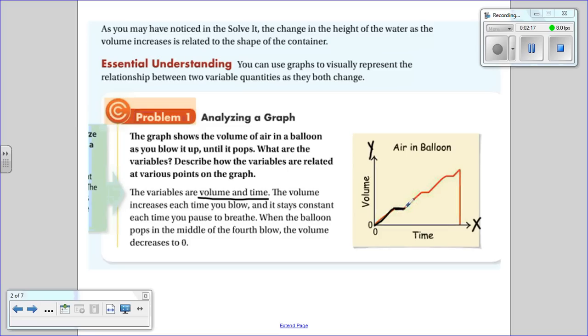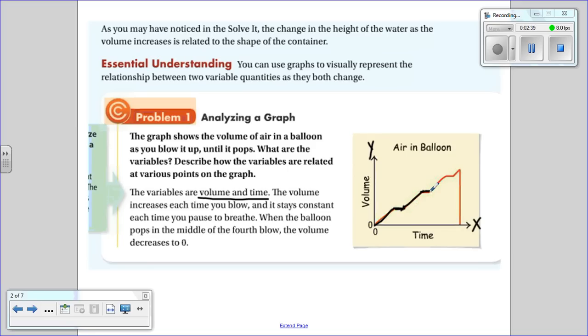And so for a certain amount of time, the volume stays the same. The air inside the balloon doesn't go up or down. Then you get your breath and you blow again, and the air in the balloon is going up. And then while you're catching your breath, the air in the balloon stays the same.